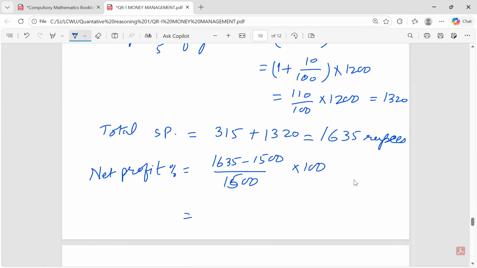If you simplify it, it will be 135 by 1500 multiplied by 100, and this will be, sorry, not 90%, if you simplify it, it will be 9%. So this is the answer. The net profit percentage is 9%.